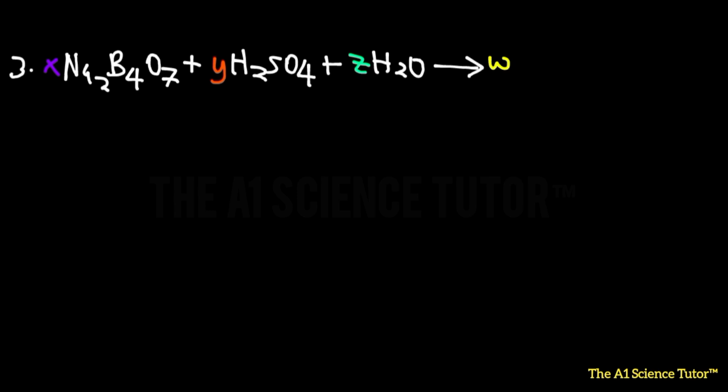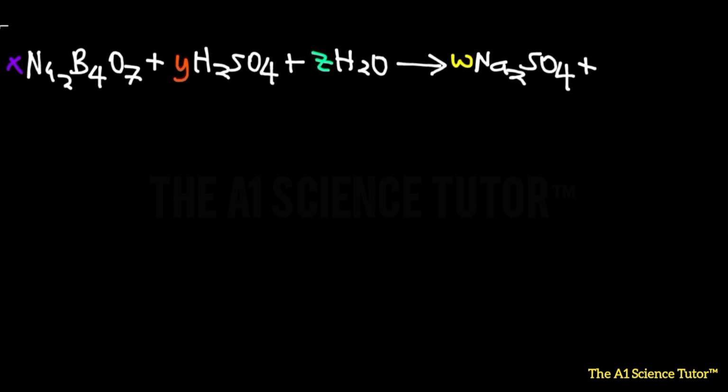W moles of sodium sulfate. Yeah, that's correct. Plus, so here now we're going to have, let's say that's a V. Okay, so I'm going to use a blue. So that is V moles of HBO3. So this is the equation. We need to balance it.